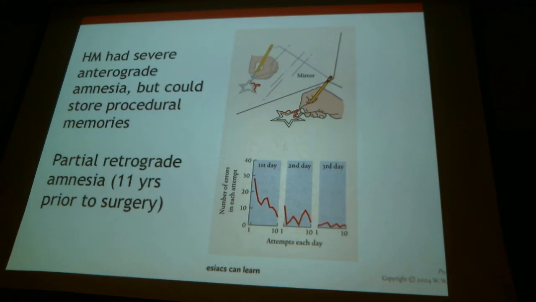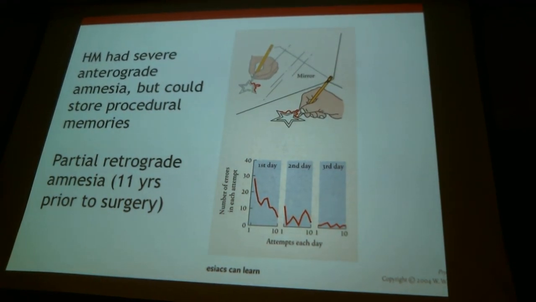So he ended up with what we call anterograde amnesia. This is amnesia where if you walk into a room and tell him your name and have a conversation with him and walk out, wait 5 minutes and walk back in, he has no idea who you are. So he is someone who can't form new memories.